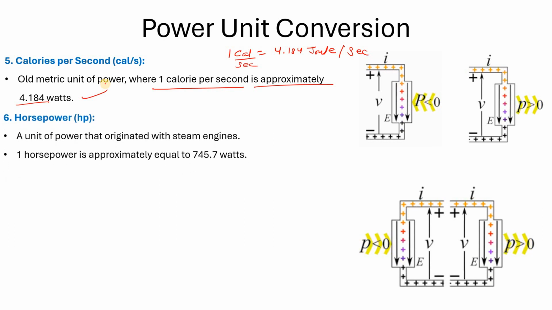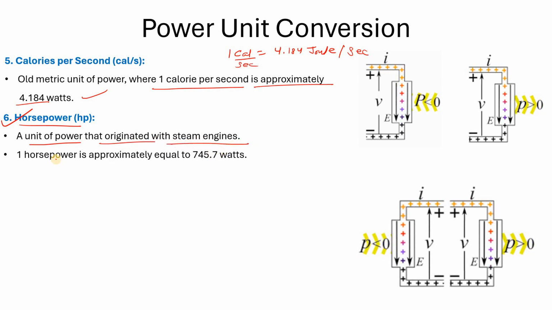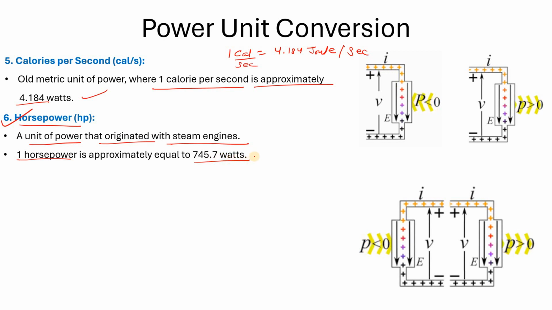Then another most commonly used unit, mainly used for electric motors, is horsepower. It is also a unit of power that originated with steam engines, and 1 horsepower is approximately equal to 745.7 watts.